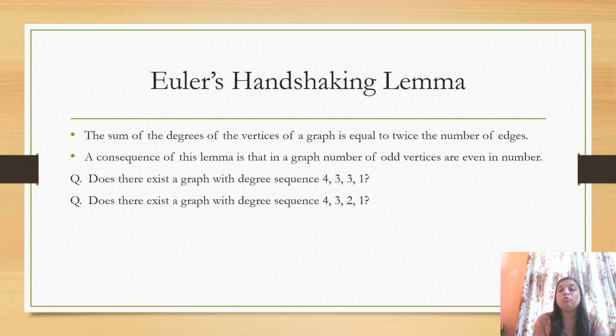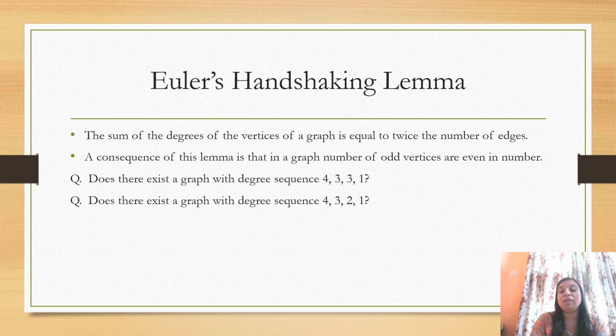But you have to realize that here we are talking about graphs and not pseudographs. So a pseudograph would be possible. Like in the earlier case, even a pseudograph would not be possible. Here, a pseudograph would have been possible, but the problem would be that this is a degree sequence of a graph having 4 vertices, right?